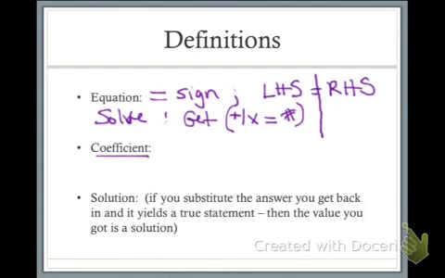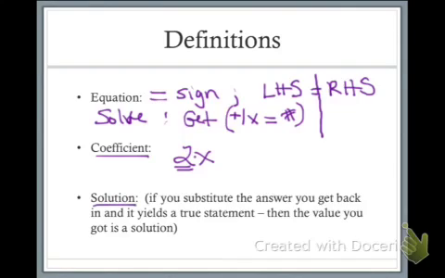I also want to remind you, and you started to see this with our coefficients before, in our adding and subtracting polynomials, that a coefficient is that number that's attached to the variable through multiplication. So just be careful of that, because we're going to see coefficients as we add or subtract variable terms together, and you're going to have to remember what we learned about adding and subtracting polynomials.